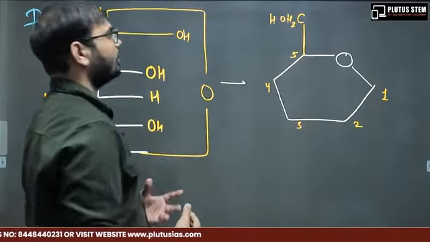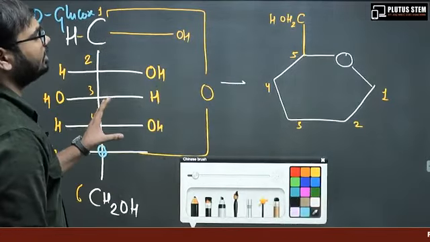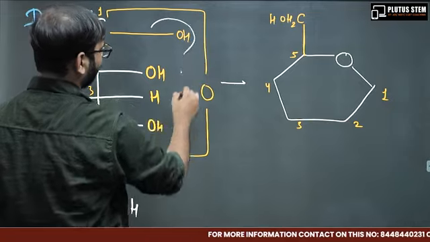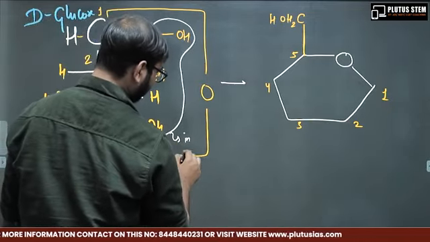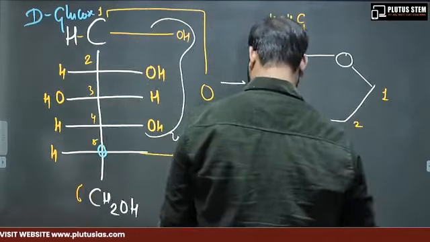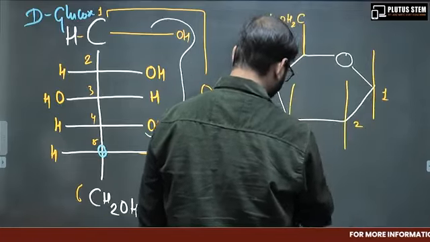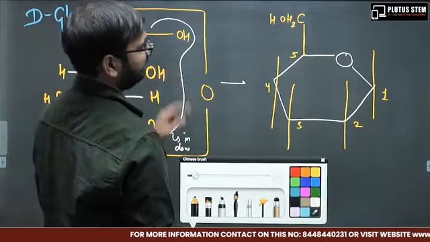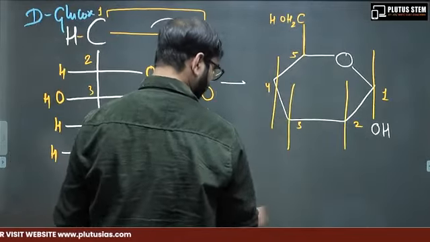Now, in order to make the structure, you need to look at the groups that are coming inside of the ring; they are always assumed to be in the downward plane of this ring. So here, the OH is inside of the ring, so it will be coming downward of the plane.